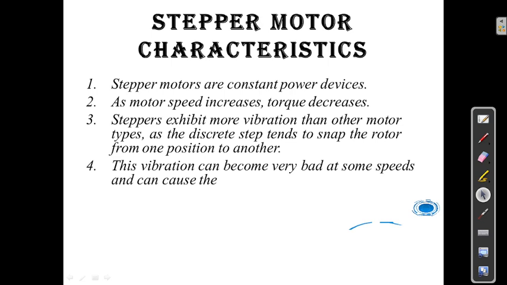These are the stepper motor characteristics. First, stepper motors are constant power devices, and as the motor speed is increased, torque is decreased. Then steppers exhibit more vibration than other motor types, as the discrete steps tend to snap the rotor from one position to another.